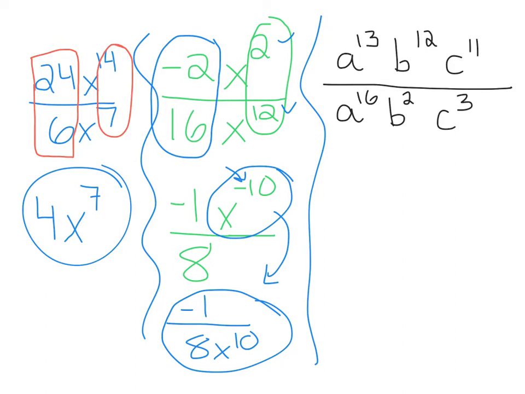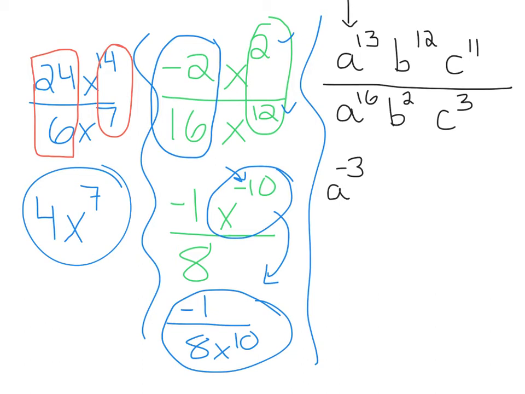All right, last example, a to the 13th, b to the 12th, c to the 11th, over a to the 16th, b to the 2nd, c to the 3rd. All right, so all we have to do, subtract our exponents. If you look at the powers with base a, 13 minus 16, that becomes a to the power of negative 3.